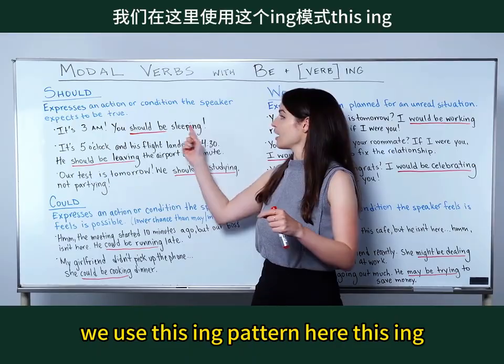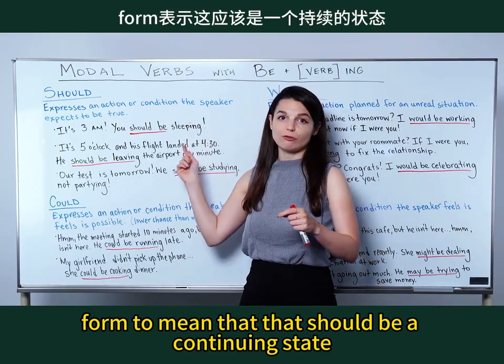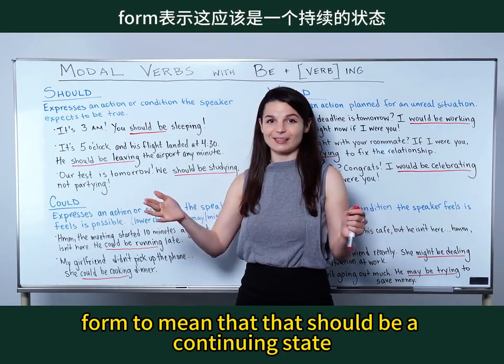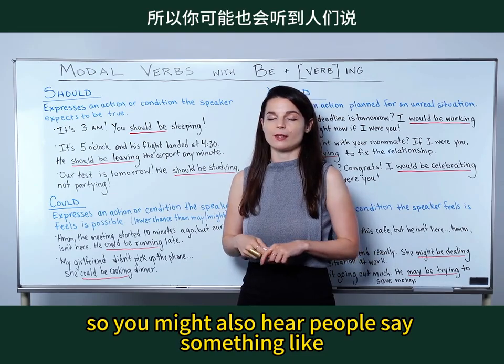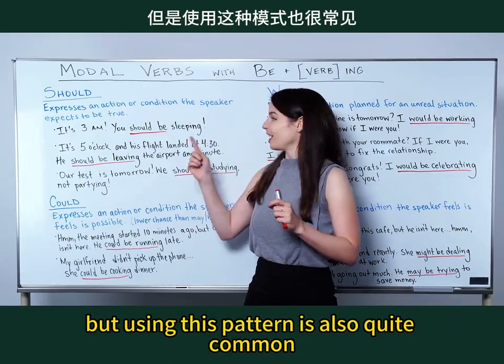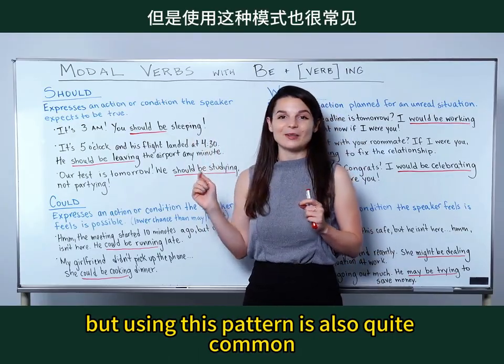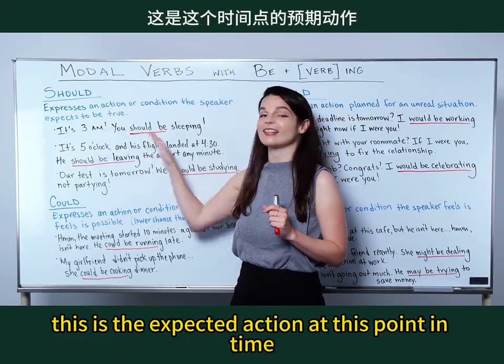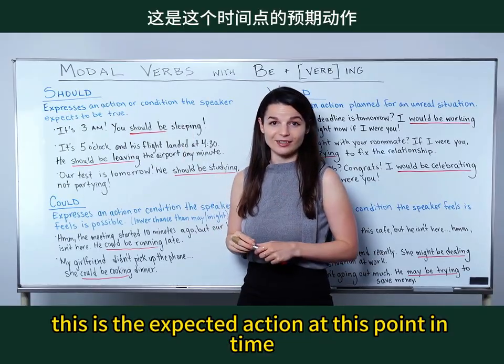We use this ing form to mean that that should be a continuing state. So you might also hear people say something like, you should be asleep. That's also correct. But using this pattern is also quite common. Right now, you should be sleeping. It's 3 a.m. This is the expected action at this point in time.